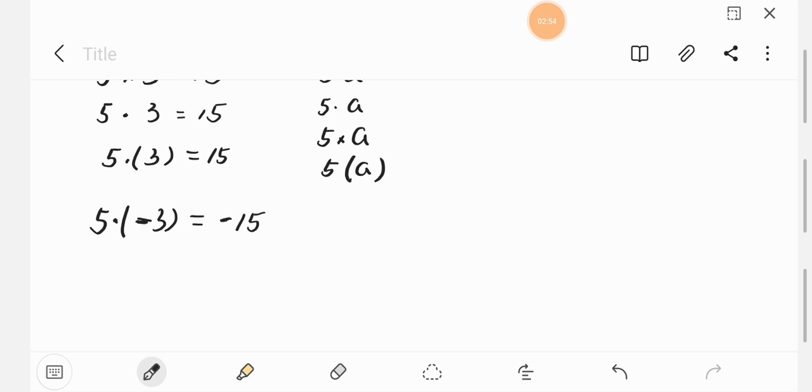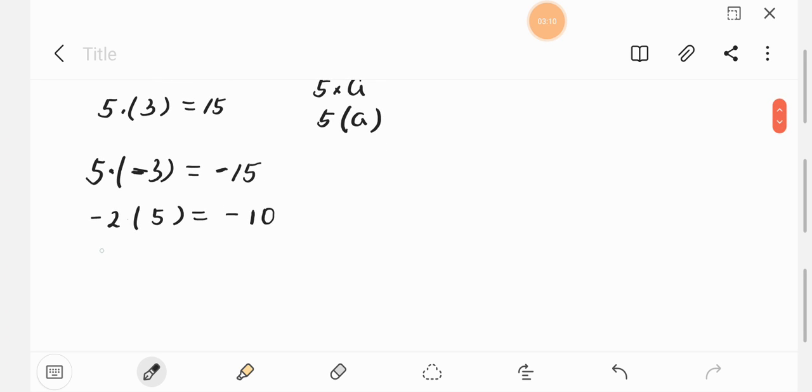Let's try another example. How about negative 2 times 5? Negative 2 is a negative number, 5 is a positive number, so the result is negative 10. How about 6 times negative 4? Still the same. 6 is positive, negative 4 is negative.